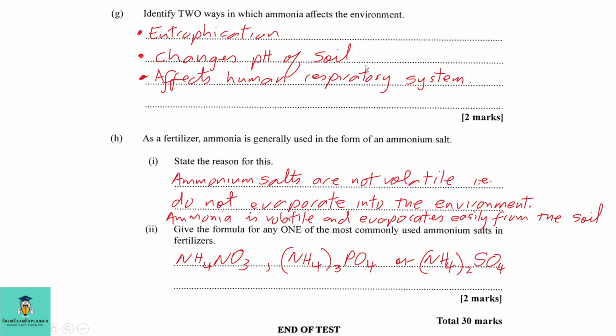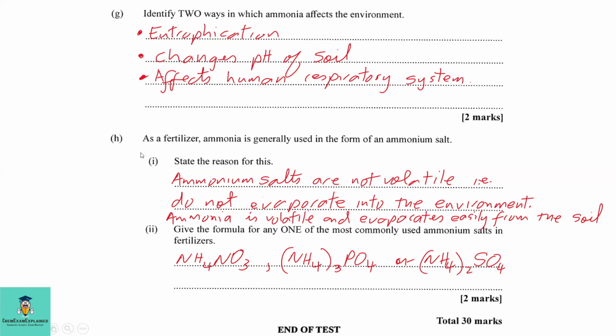First, it will make the pH become alkaline, and after it forms ammonium ion, it would react with nitrifying bacteria, releasing H+ ions, which would now cause the soil to become acidic. So it changes the pH of soil. As well as, because ammonia is a pungent gas, it will affect the human respiratory system.